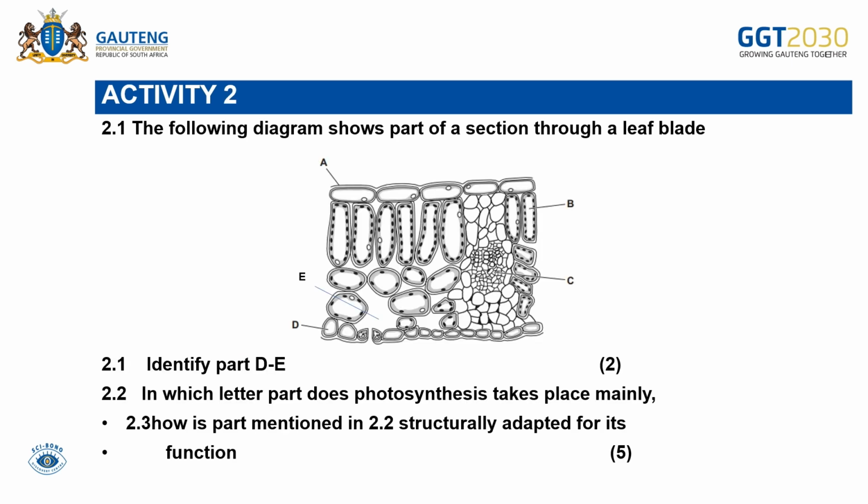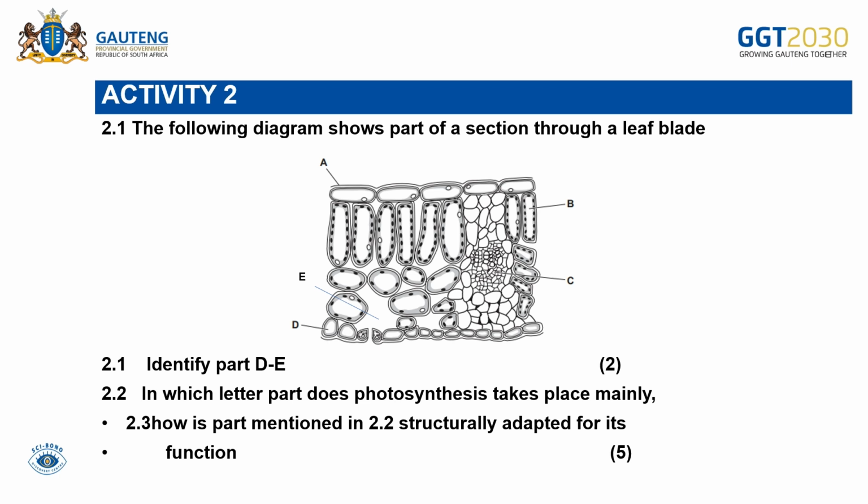Activity number 2. The diagram shows part of a section through a leaf blade. Now, you will also find another assessment question: you will be assessed on a diagram this time.